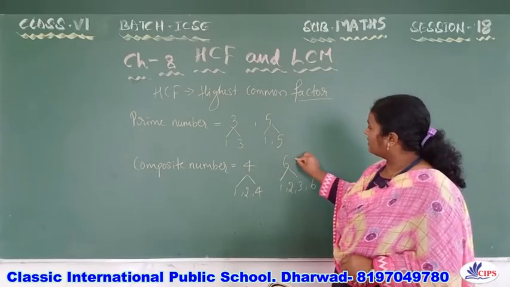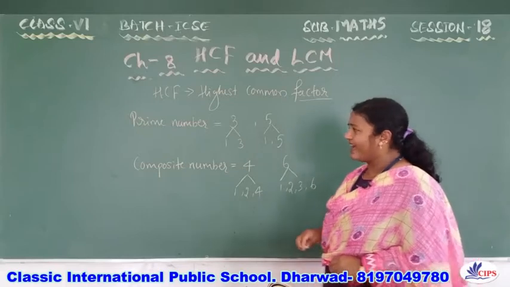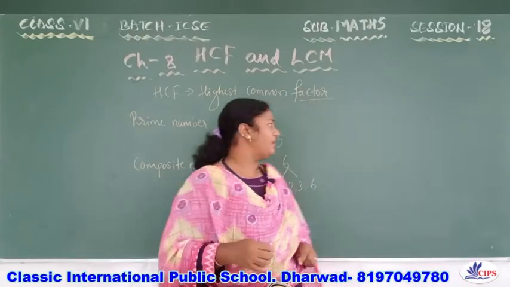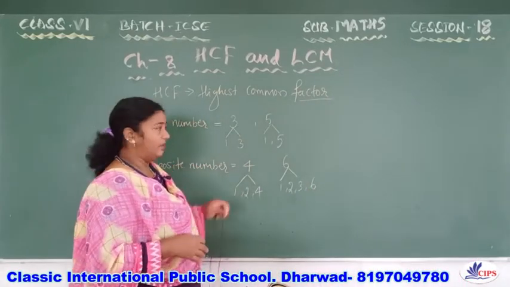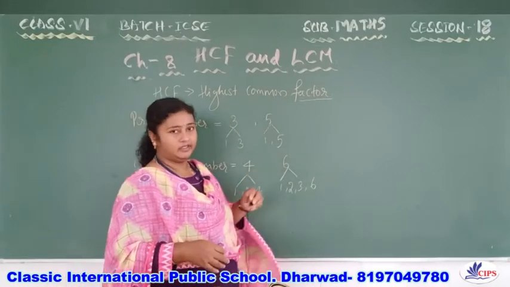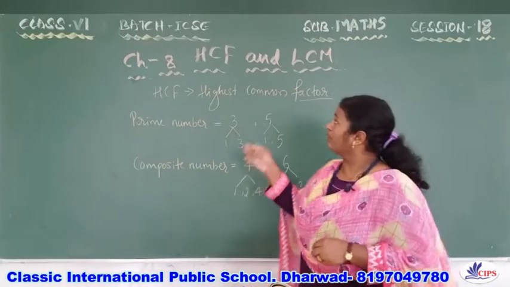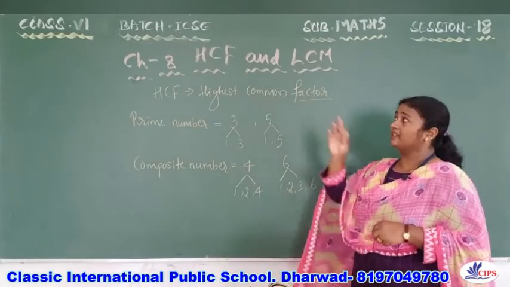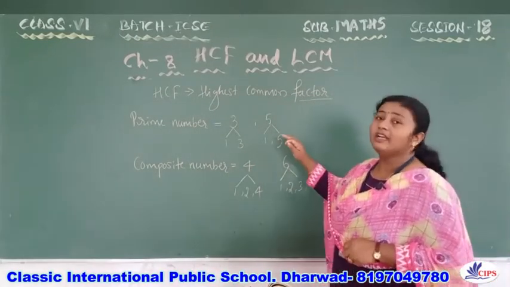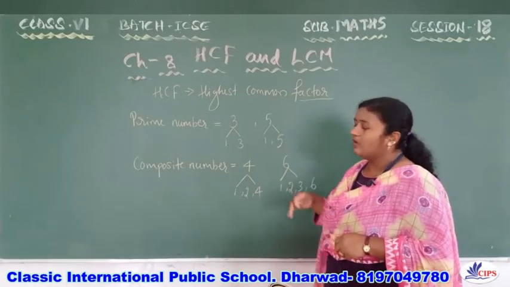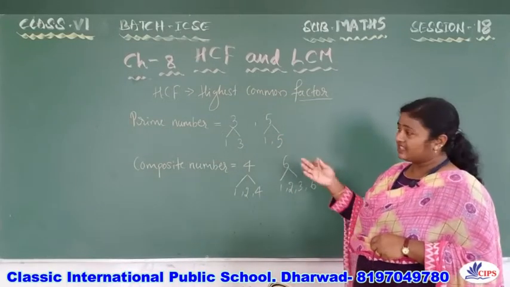So these are composite numbers and these are prime numbers. Why do we need this? We need this to find the factors of a given number. These are the types of numbers you are going to learn in this chapter, HCF and LCM.